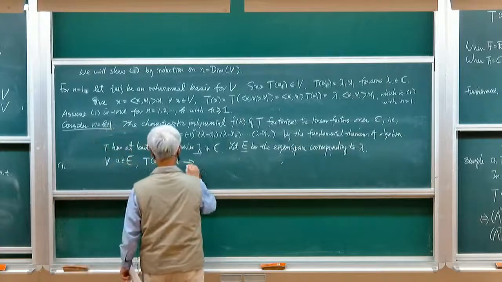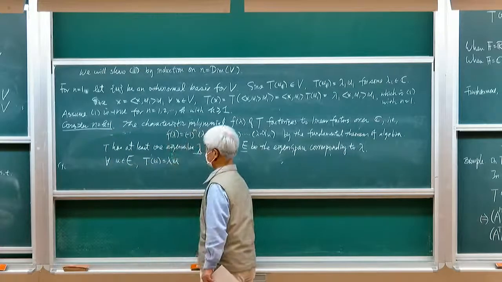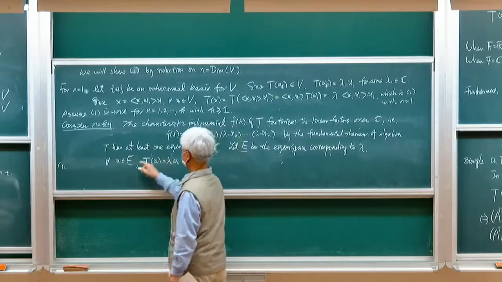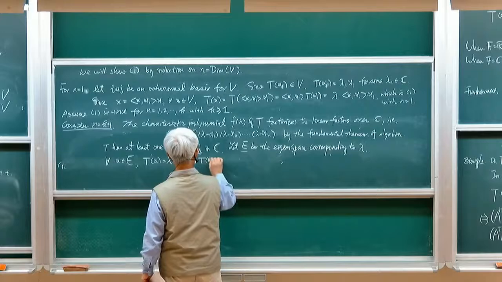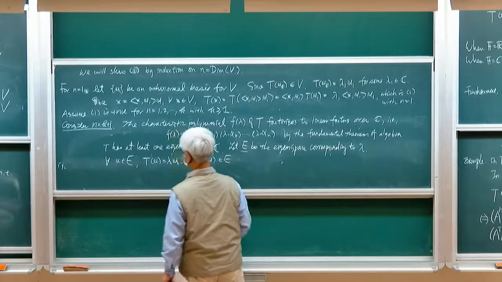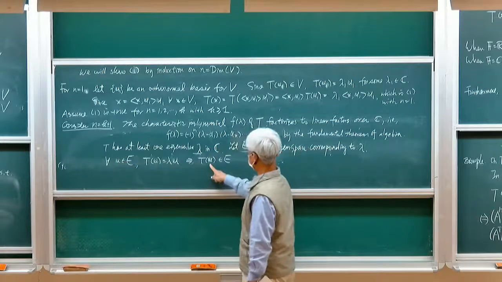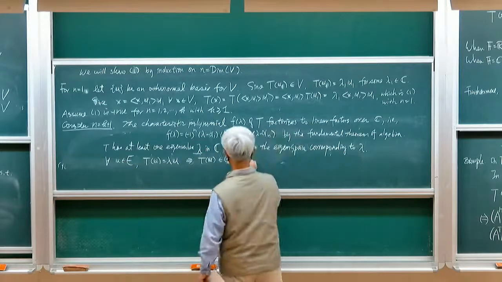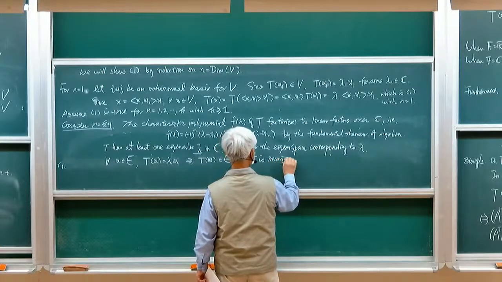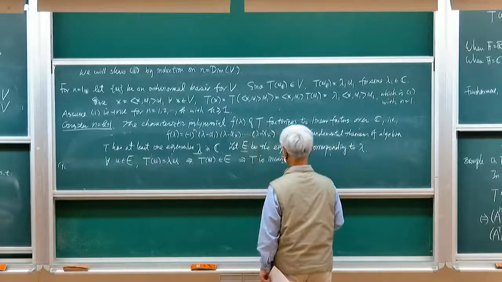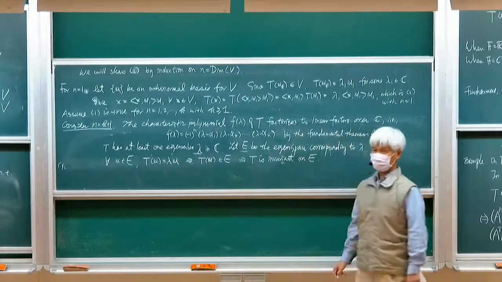So this implies that Tu is also in E. For every u in E, the image is also in E. So this implies that T is invariant on E. T is invariant on E.